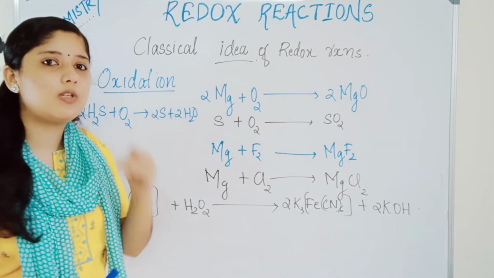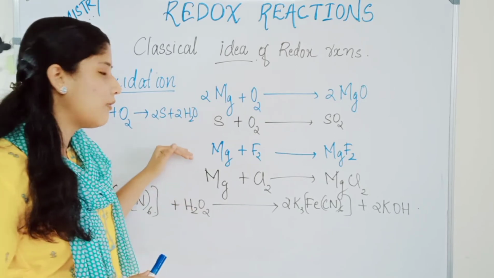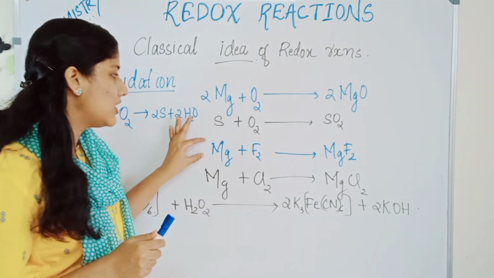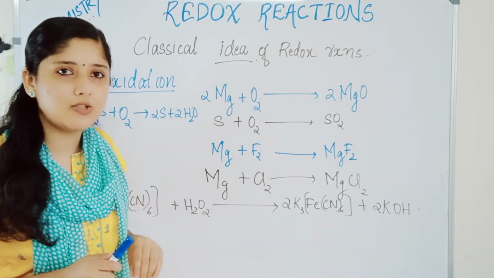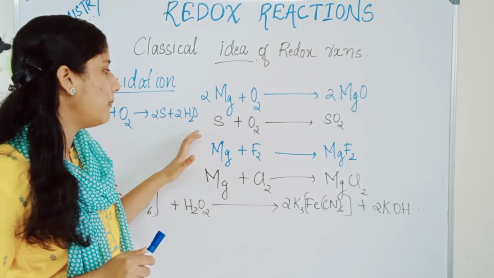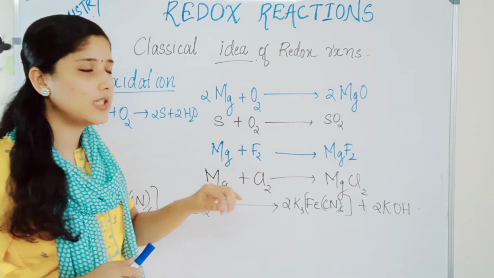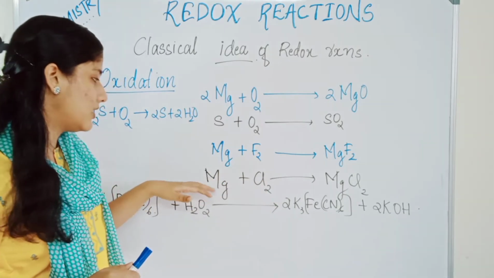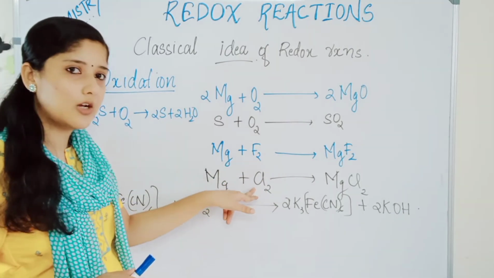The second point that we studied is what? Addition of an electronegative element is oxidation. So magnesium plus fluorine, which is an electronegative element, you know. So Mg plus F2, addition of electronegative element, is also an oxidation reaction. Next, Mg plus Cl2, which is electronegative.